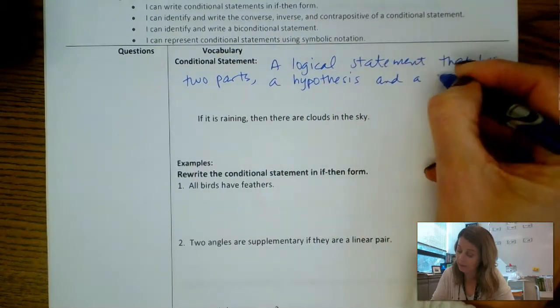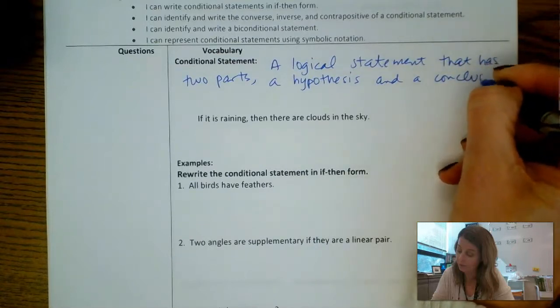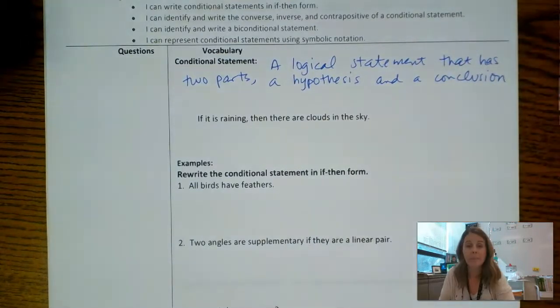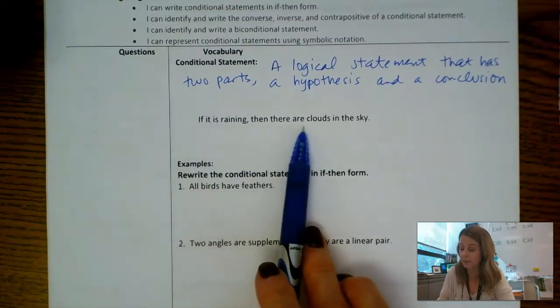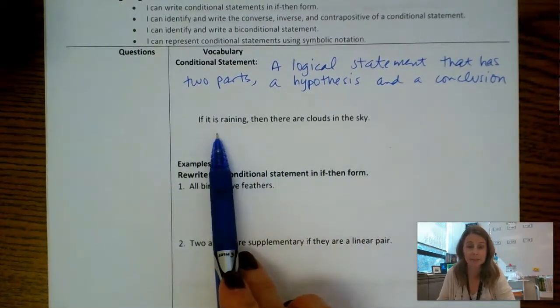So an if-then statement, or actually a conditional statement, is a logical statement that has 2 parts, a hypothesis and conclusion. And so this if-then statement below is a conditional.